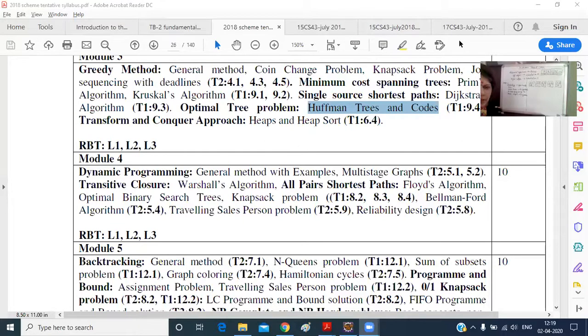Okay, let me repeat the initialization part here. The initialization says that for each of the symbols, we have to create an n one-node tree. We have n equal to 5 symbols here. For each of the 5 symbols, we have to create a one-node tree.